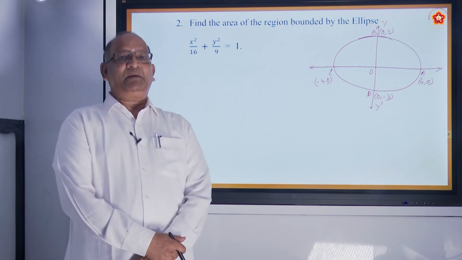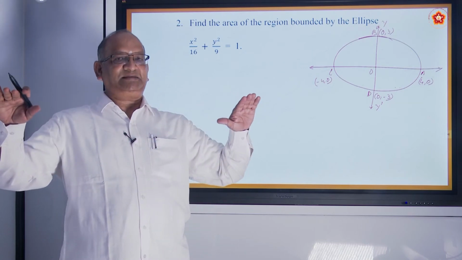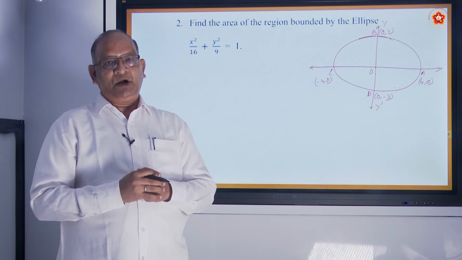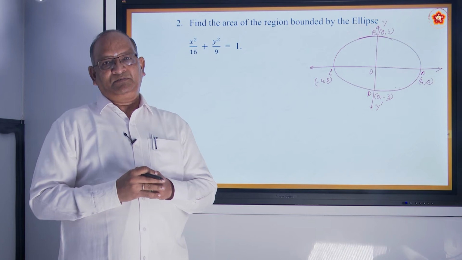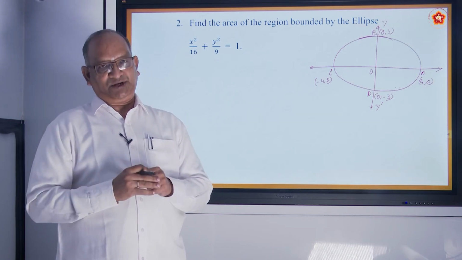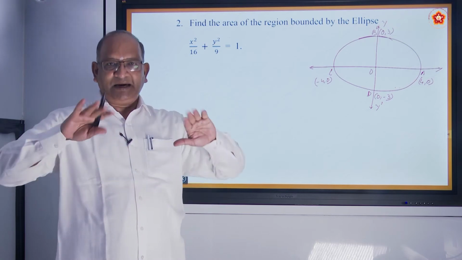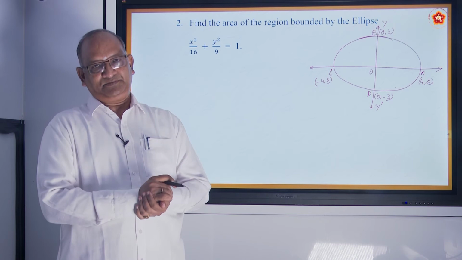A very interesting thing about the ellipse is, it is symmetric with respect to the x axis. It is also symmetric with respect to the y axis. So in order to calculate the entire area of the ellipse, we don't need to calculate the whole thing. If we calculate the area in the first quadrant and multiply with 4, you get the total area.